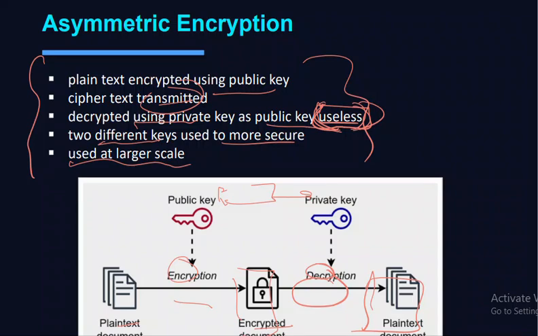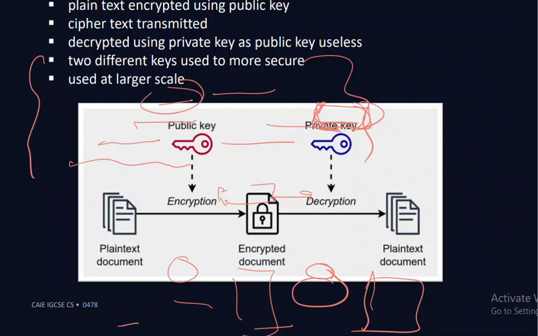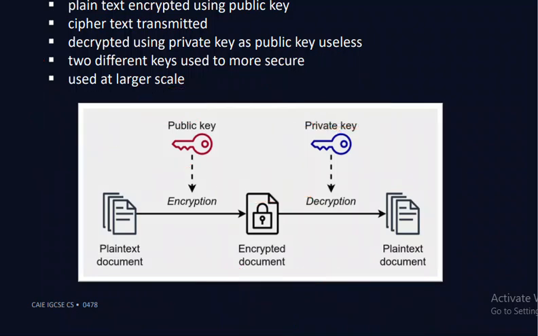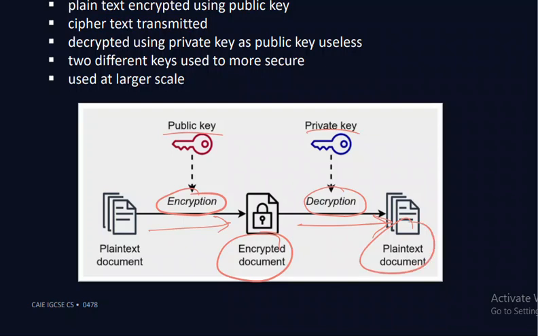As you can see in the diagram, the public key is used for encryption and the private key is used for decryption. The plain text is sent and encrypted, and then decrypted using the private key.